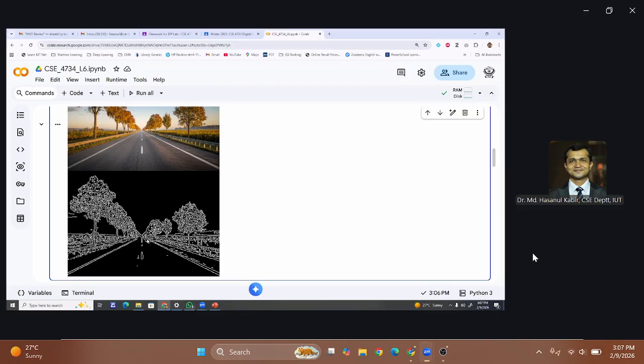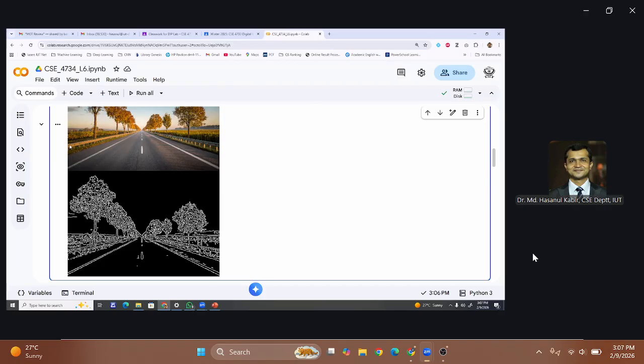Now, if I look at this particular image, think from the point of view of an autonomous driving car, let's say a Tesla car or any kind of autonomous vehicle. You want to detect the lanes, right? If you want to detect the lanes, what you want to do is detect the straight lines. You can see that for the lanes, we have got the straight lines.